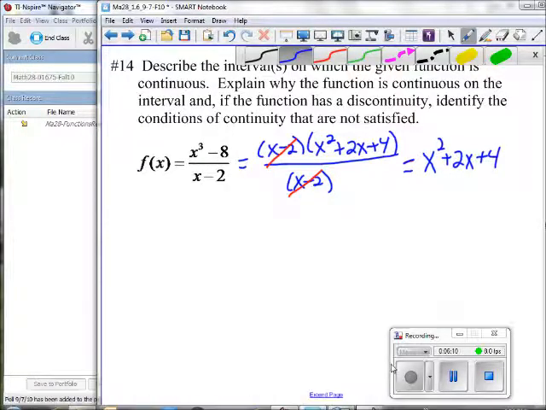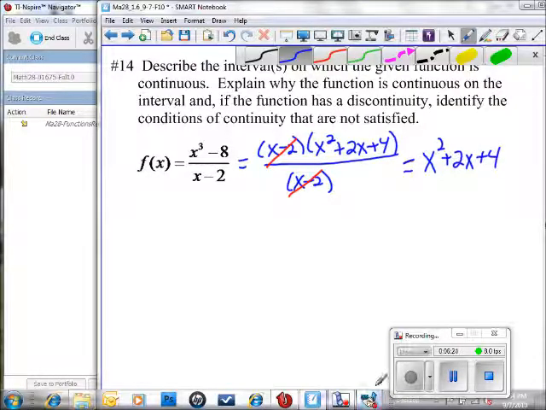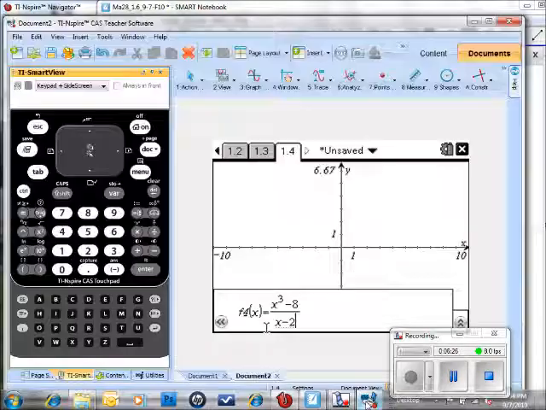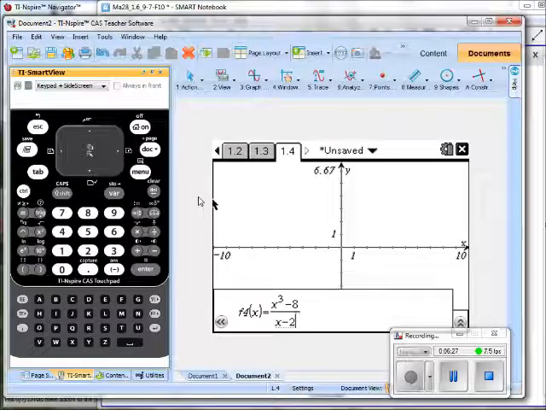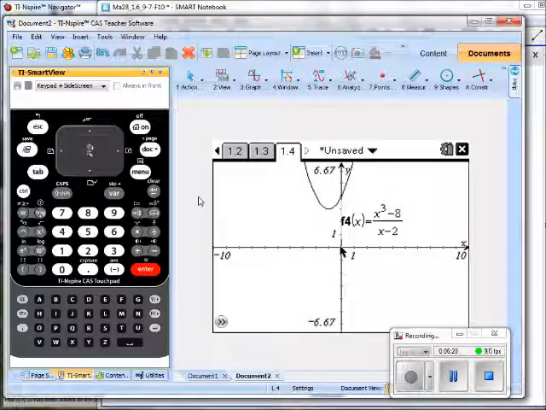Well, because x cubed minus 8 divided by x minus 2 is the same function as x squared plus 2x plus 4 with one exception. So let's take your Inspires and let's see what that exception is. We did not get the asymptote that we thought we were going to get.